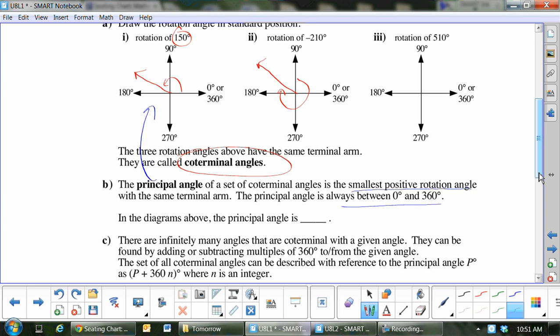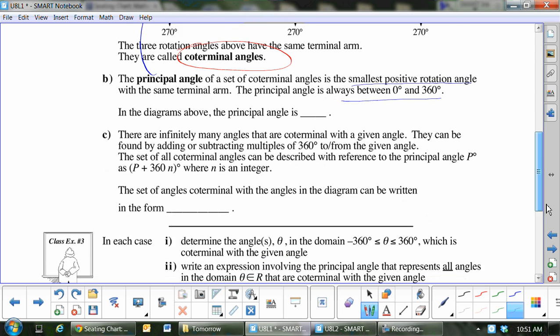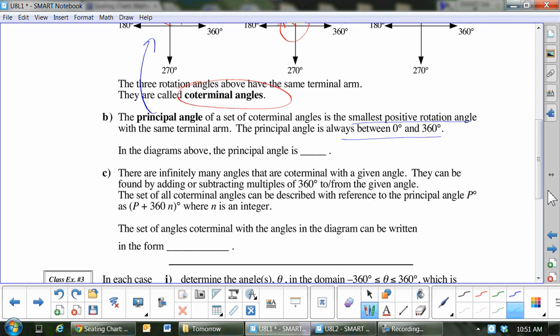Now, whenever you describe all the coterminal angles, it must always be the principal angle plus 360n. So if they give me negative 210, I would not say that all of the angles are negative 210 plus 360n, because that's not the principal angle.